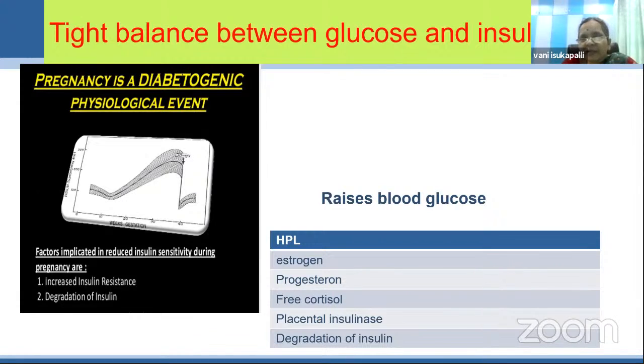So these are certain factors which tend to raise the maternal blood glucose. At the same time, there are certain factors which increase the insulin resistance. So increased insulin resistance and degradation of insulin are some de novo factors that happen during pregnancy. So therefore, the balance between the glucose and insulin is tilted. So that is why pregnancy has become a diabetogenic state.